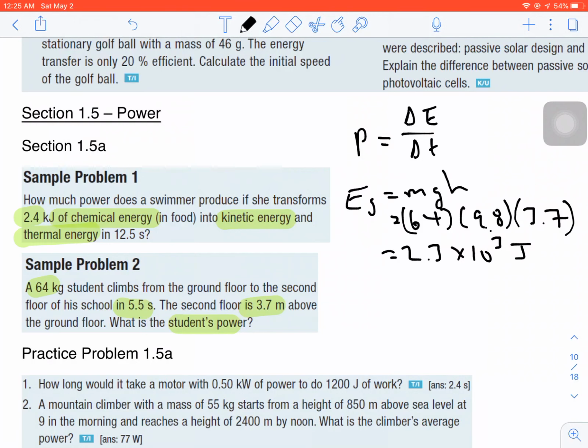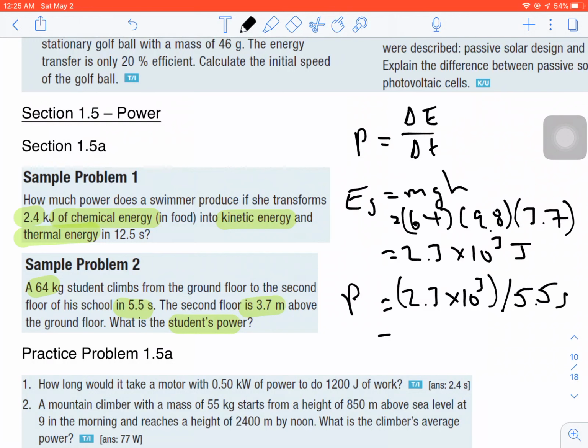Now I know my energy, and my time is given in the question, so I can solve for my power. Power is going to be 2.3 times 10 to the third joules divided by the time of 5.5 seconds. You can see that the shorter the time, the greater the power rating, because time is in the denominator.